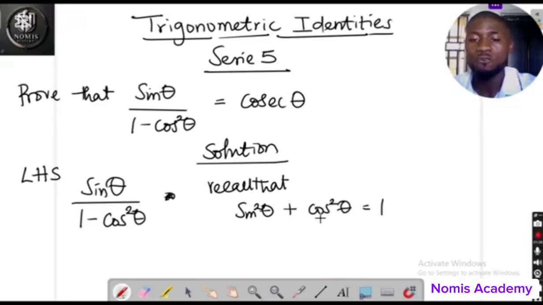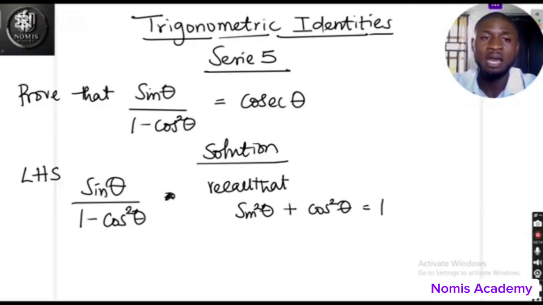We proved this identity in our first series, series number 1, using Pythagoras theorem. So we can simply substitute the value of 1 into what we have at the left hand side and see what we're going to have next.